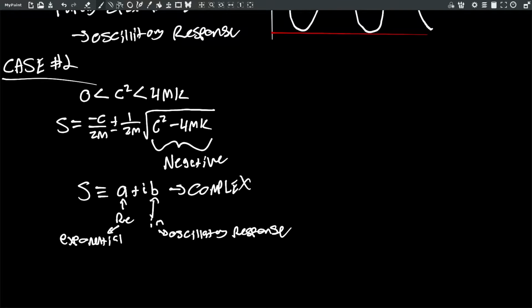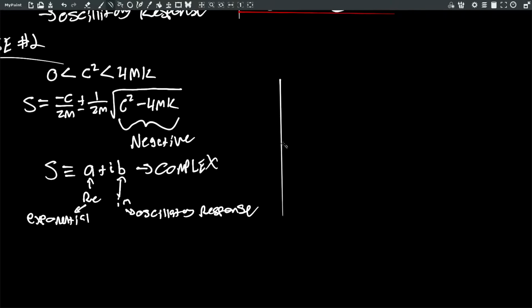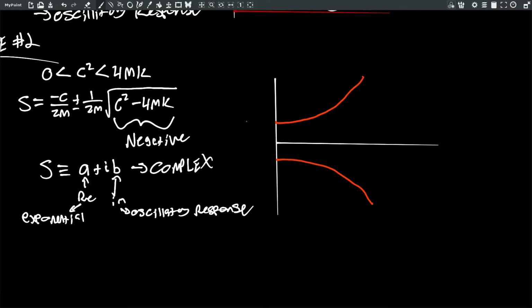Now, in terms of what this is going to look like, there are a few possibilities. We could end up with something that's unstable. We could end up with something that's stable. And since we have an oscillatory response, it's going to be between the upper and lower bounds.